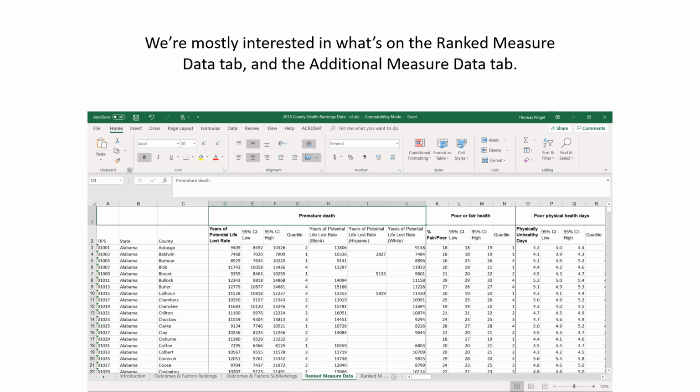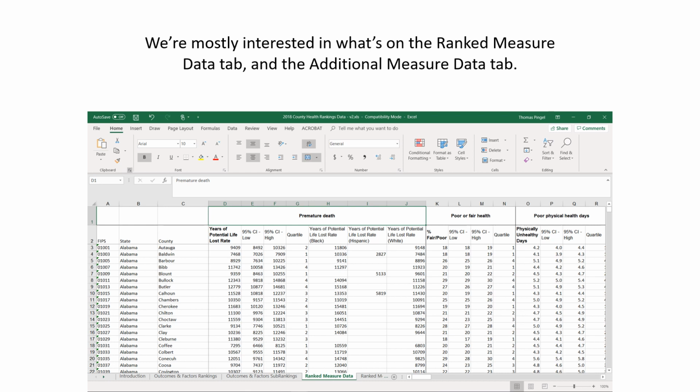There's a quartile, so the counties are ranked 1 through 4 in terms of where they fall relative to the other counties. And then sometimes there are subcategories of these. So you can see that on this one, for instance, we've got years of potential life lost rate for people who are Black, Hispanics, and people who are white.